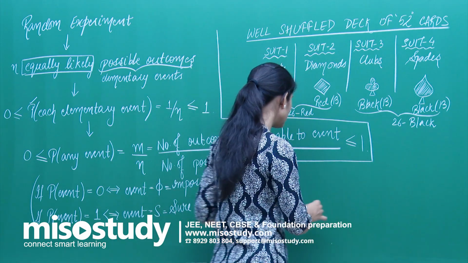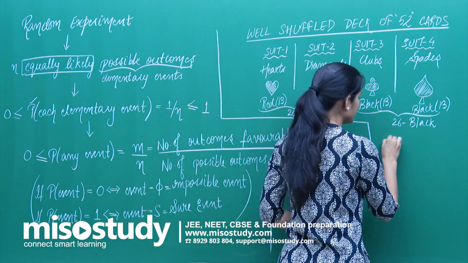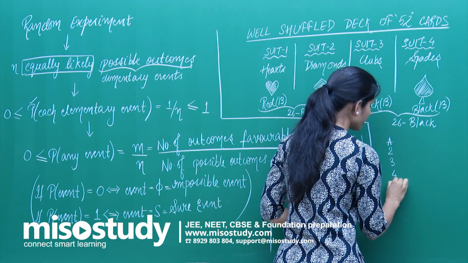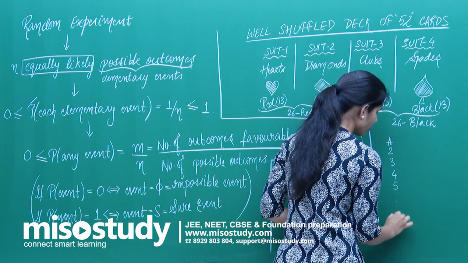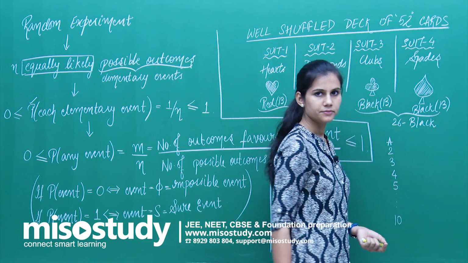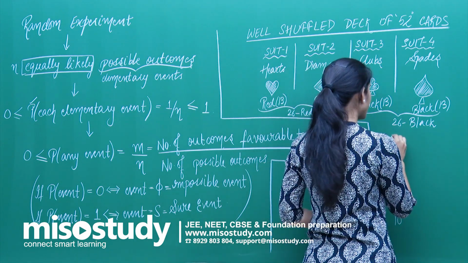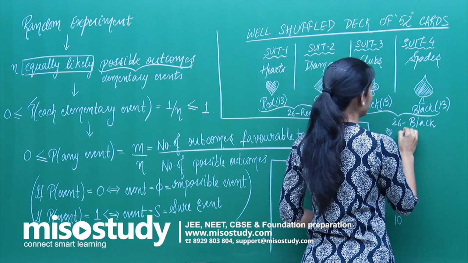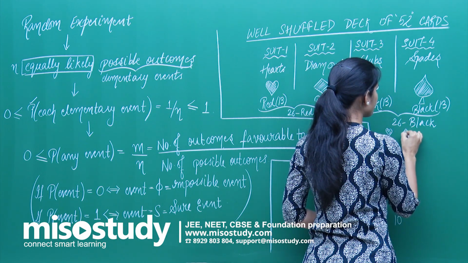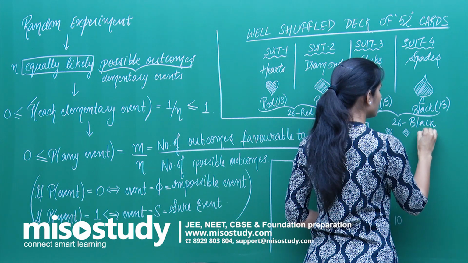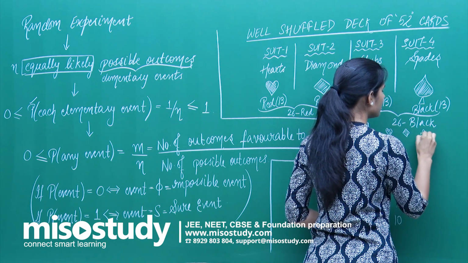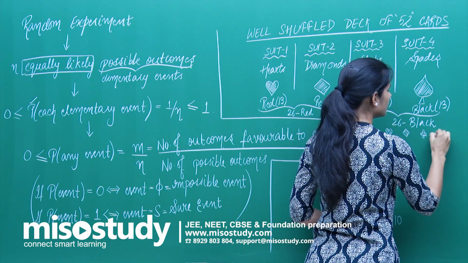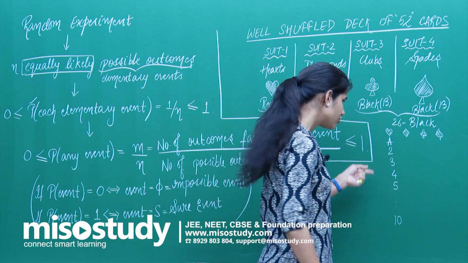Basically what you have is ace, 2, 3, 4, 5 and so on up till 10. Ace of hearts you have, ace of diamonds you have, ace of clubs you have and ace of spades you have, and each number is like that.